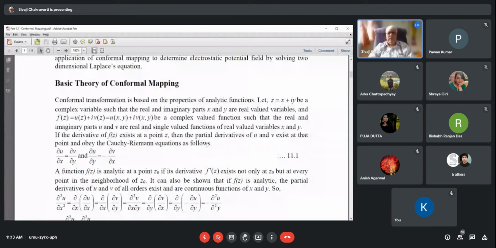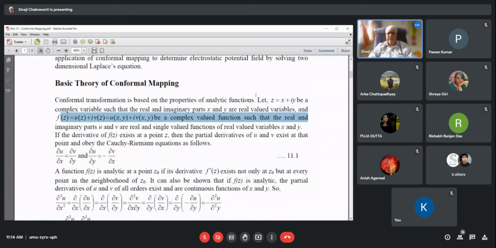What we are doing. Now, let us say that we have a function z equals x plus iy. Now, it's a complex function, but it's a very common function. And we are saying that there is a complex variable, which is shown here.